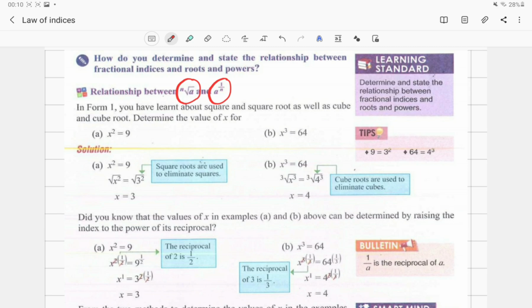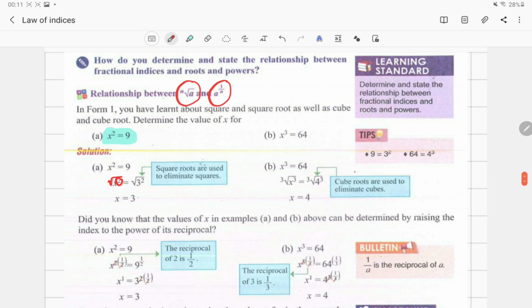Now determine the value of x based on this one. Given x squared equals 9, we want to know the value of x. What we do is use square root, so that this square will disappear. Square roots are used to eliminate the square.